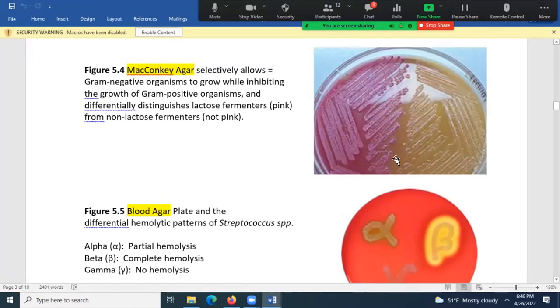If the colonies turn purple or pinkish, it is a lactose fermenter. If the colonies stay their normal color, which is usually off-white, meaning non-pinkish or non-purplish, then it does not ferment the sugar lactose. So MacConkey's is both selective and differential. Any question about any of that?